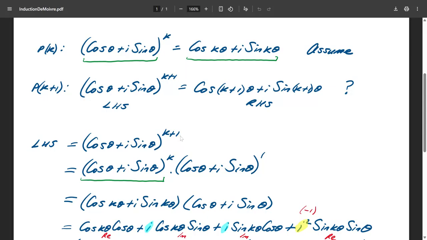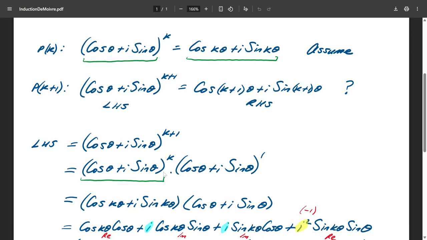Go to your tables and your rules of indices, and you'll see that rule written right there. It might make more sense backwards: in the tables it says if I have a to the power of p multiplied by a to the power of q, the answer is a to the power of p plus q. So it might make more sense backwards if you're finding that step difficult.